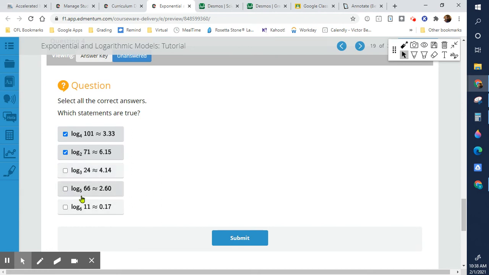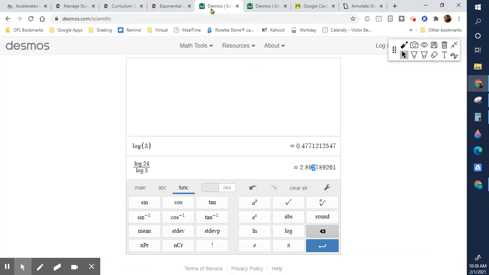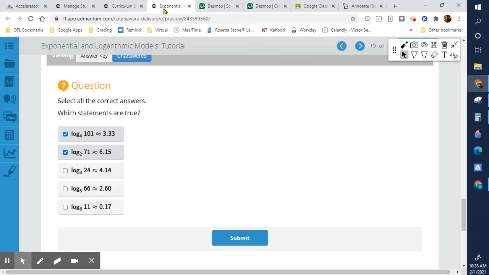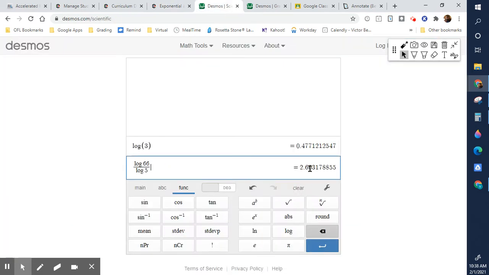Then log base 5 of 66. So let's do log 66 over log 5. I get 2.63, 2.6. Yep, that's fine. That 3 will not change that 0.